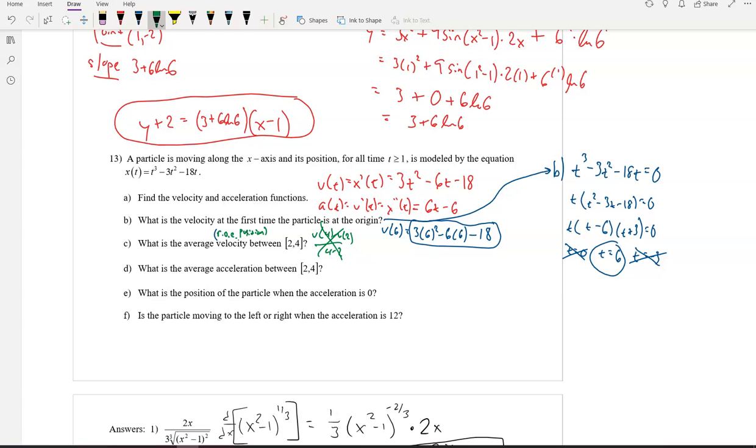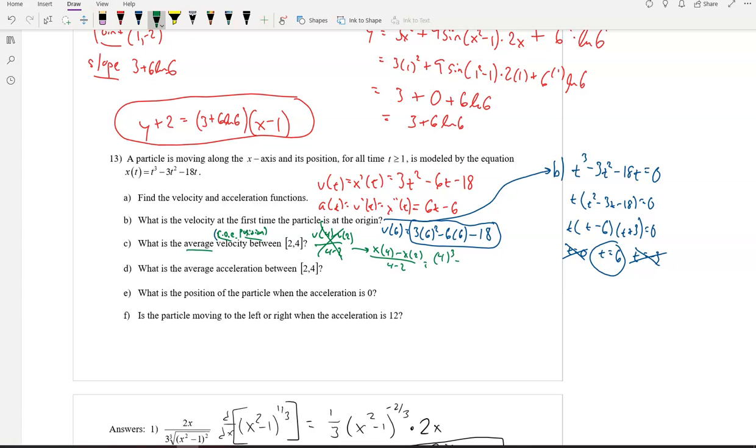So what we want to do is rewrite the idea of velocity as the rate of change of position. Now we're really finding the average rate of change of the position, and we have an average rate of change formula. That is the slope formula. So it's going to be x of 4 minus x of 2 over 4 minus 2. Then we'll just plug in the 4, and I'm just going to use the arithmetic.